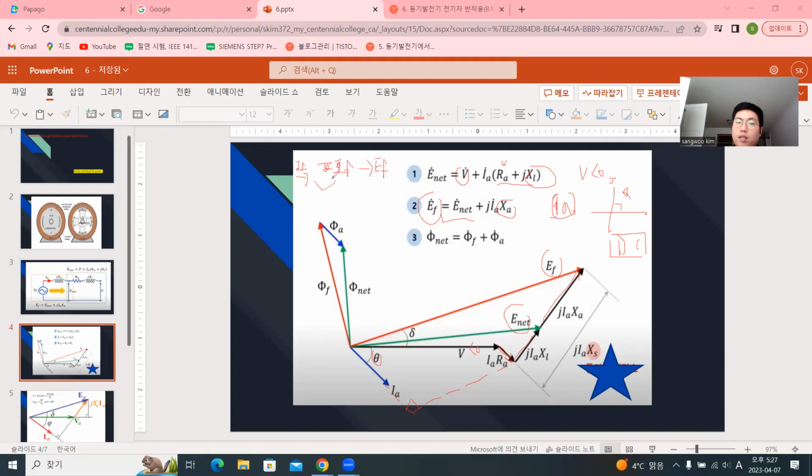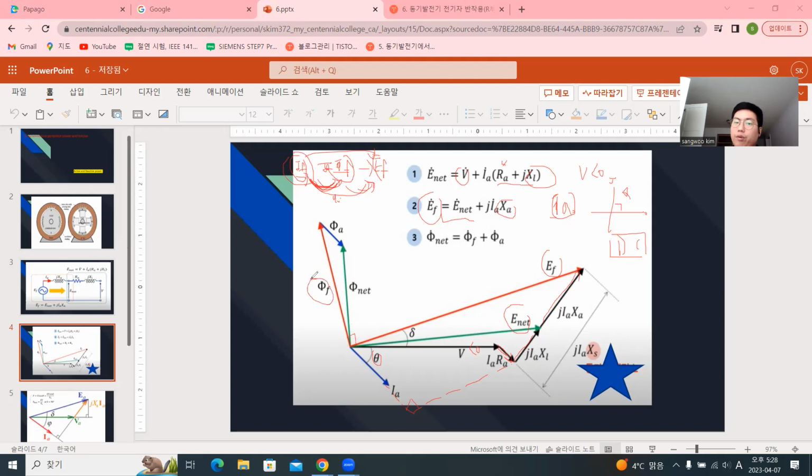So there is a 90 degree difference because it causes this. These two are different dimensions, so we cannot say these two are in different phase. But the flux and the current IF are in the same phase, so that's why EF is 90 degrees more preceding.